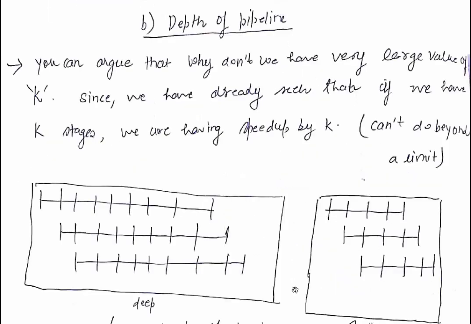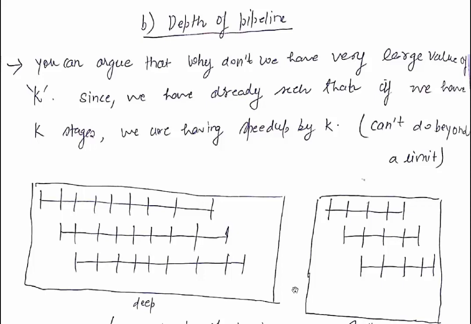Now we are going to discuss the second classification, that is depth of pipeline. You can argue: why don't we have a very large value of k? I have already told you that if you divide your computation into k sub-computations, you will get almost a speedup of k.